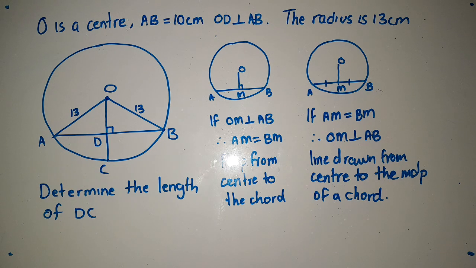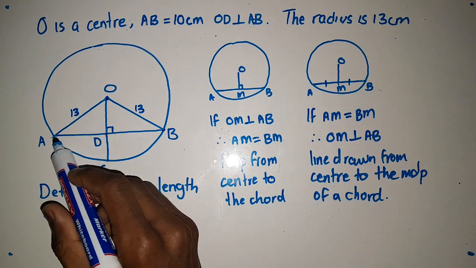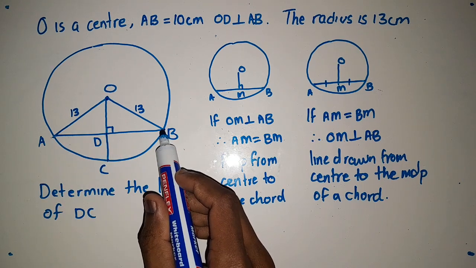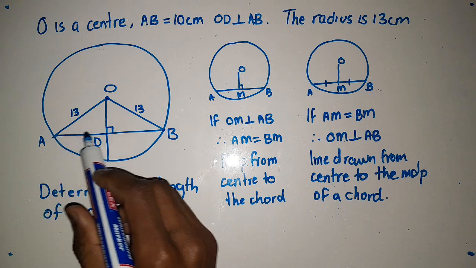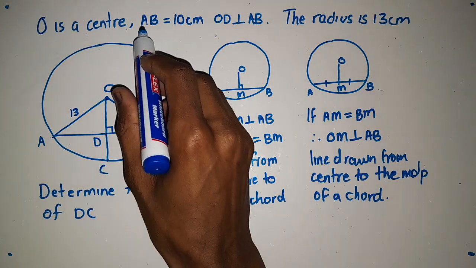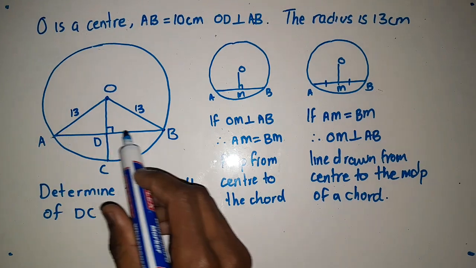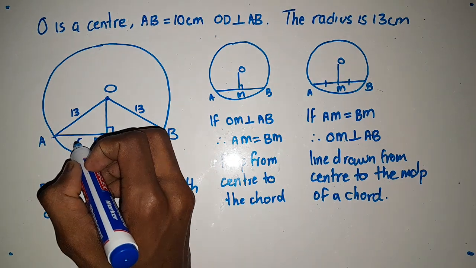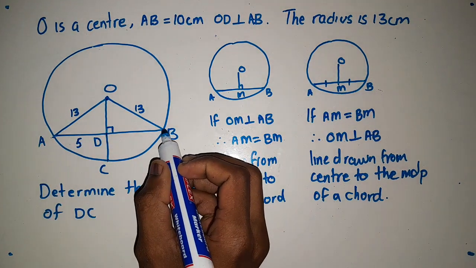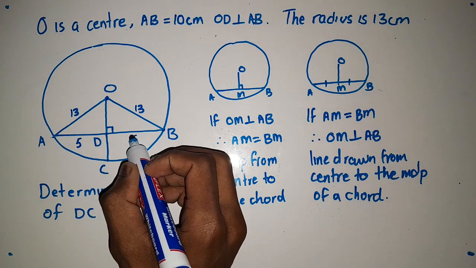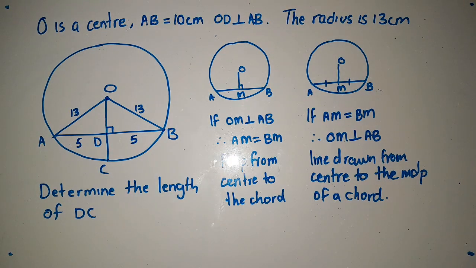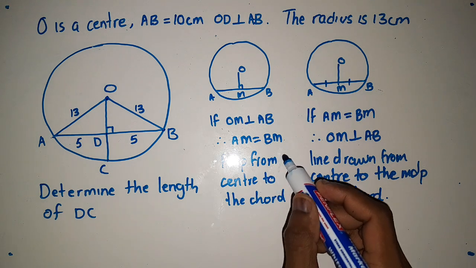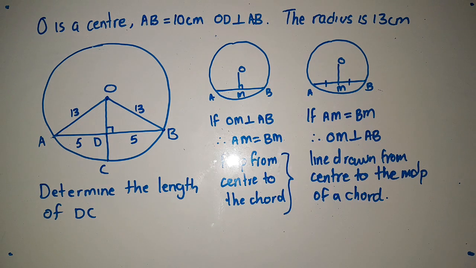Then on our given diagram, we have OD, which is perpendicular to AB. Therefore, from A to D, since we have AB being 10 centimeter, we are going to get half of 10. Same from B to D, we are going to get 5 centimeter. Therefore, the reason that we are going to use is this one, perpendicular from center to the chord.